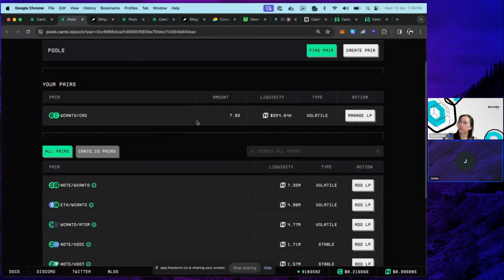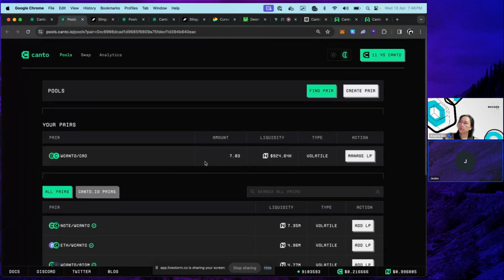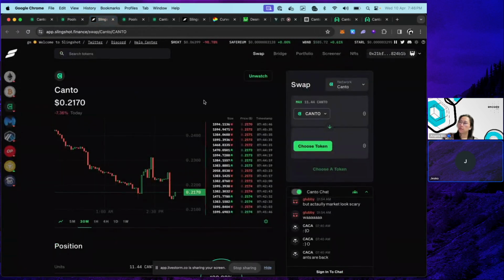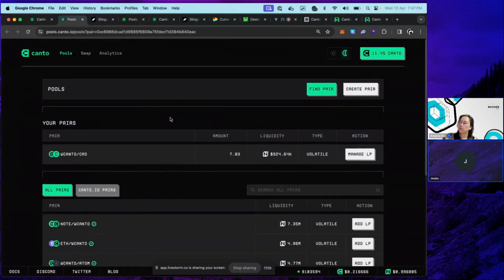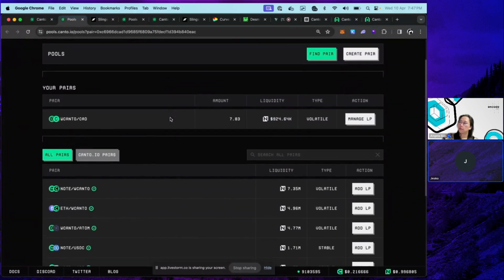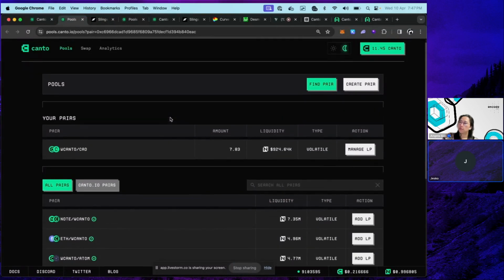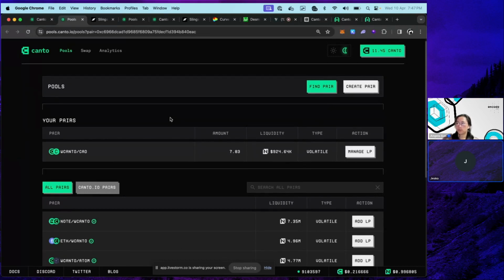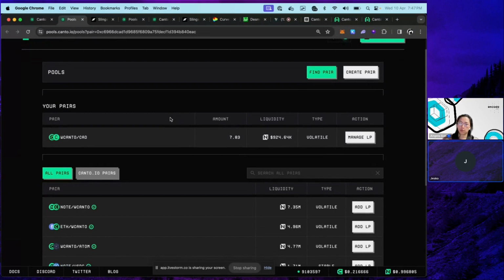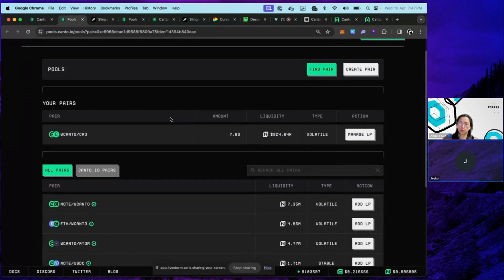So whatever pools we create on this Canto DEX, given enough liquidity, it is tradable on Slingshot, right? So I think this is a very important interface, especially for people who are trying to launch an ERC20 token on Canto, and then you can essentially use this interface to provide liquidity and kickstart your pool on Canto and Slingshot.